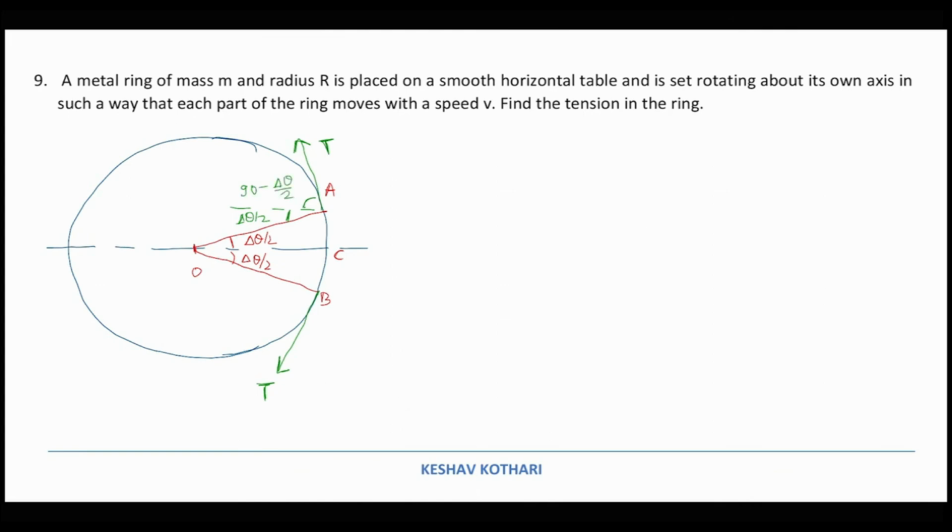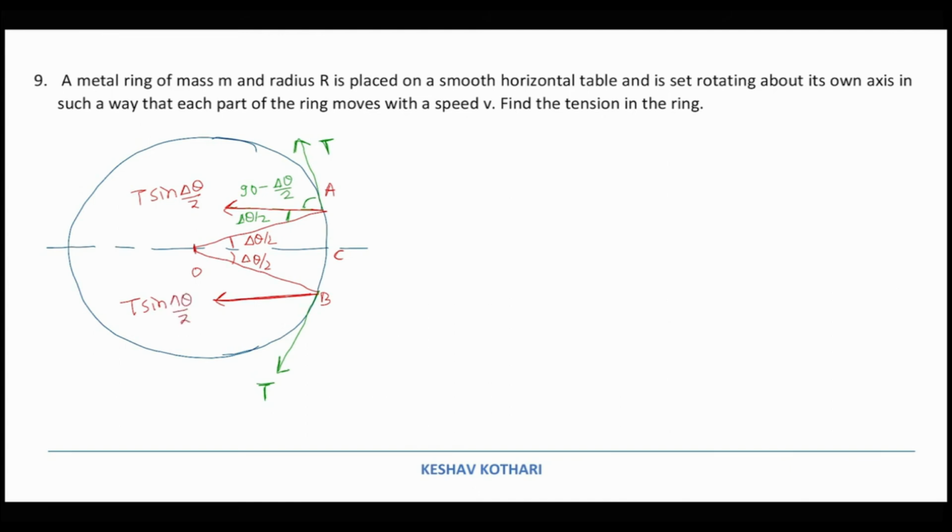The component of tension in the inward direction is going to become T cos of 90 minus delta theta by 2, that is T sine of delta theta by 2 in the inward direction. Similarly, the component of tension at B will also be T sine of delta theta by 2.